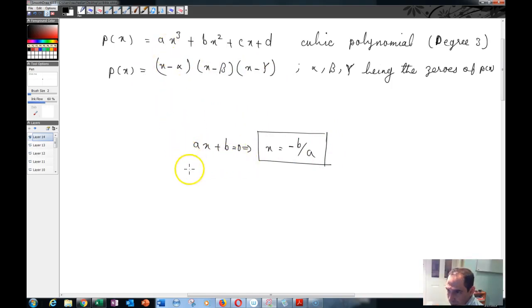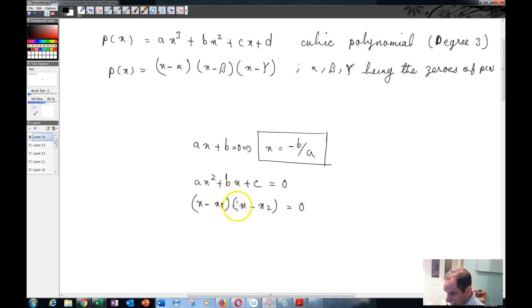But any second degree polynomial like ax squared plus bx plus c, if you set that equal to 0, there is a theorem that states that it can be written in a factorized form, and the factorized form would be x minus x1, x1 being one of the zeros, times x minus x2 is equal to 0.